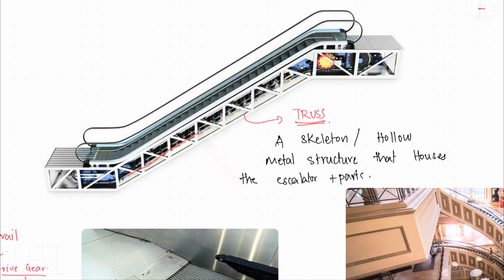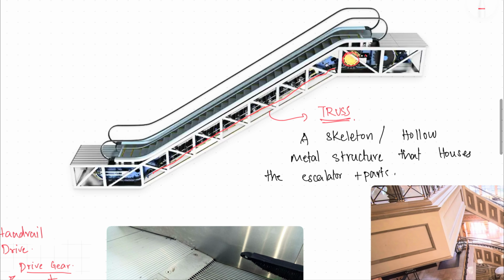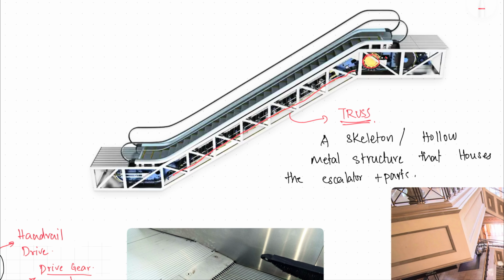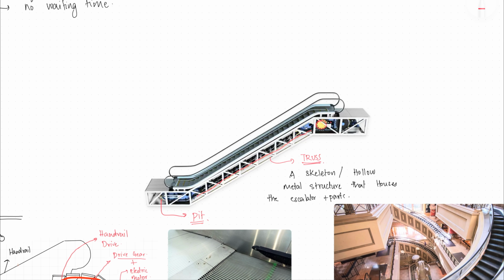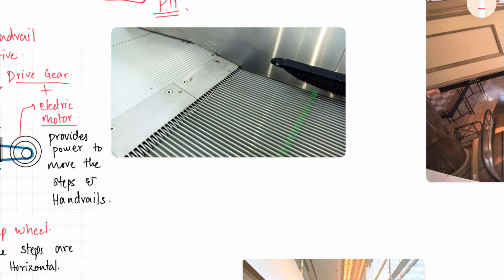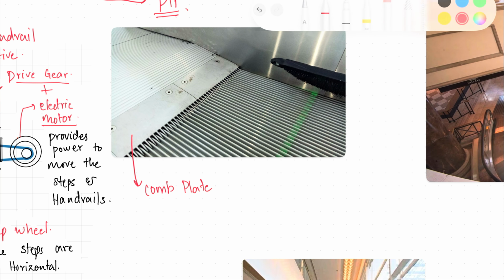And just like in elevators, how we had a pit for the lowermost landing, right? This portion is again called your pit, and this is called your comb plate. So comb plates basically have teeth like this, which mesh into your steps.